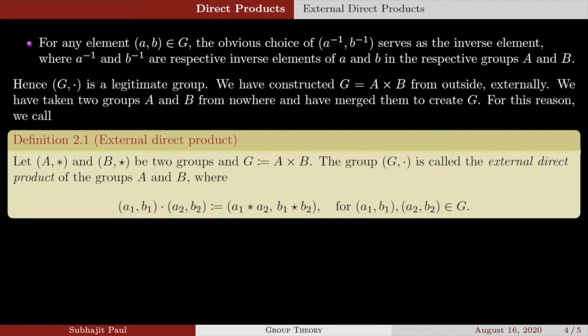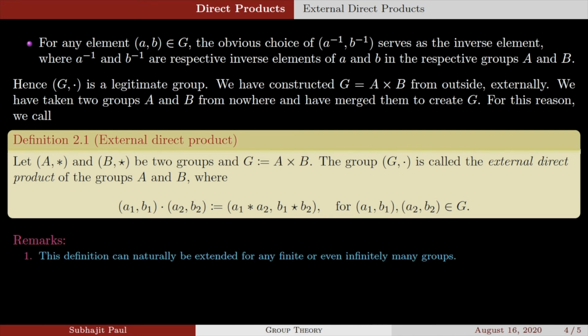Whatever we did so far, this G is called the external direct product of the groups A and B. In this, the things are defined in the same way as we defined earlier. Now, a few remarks.